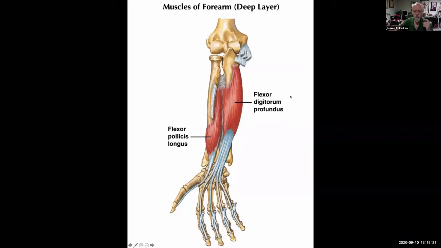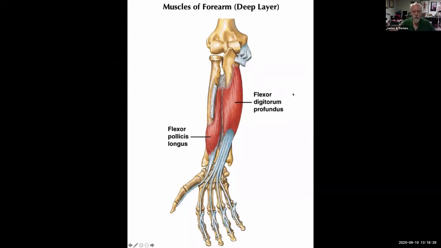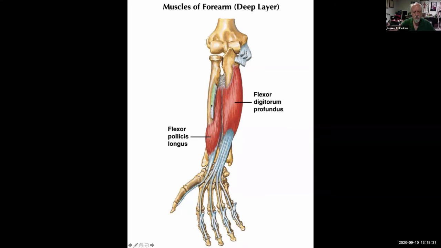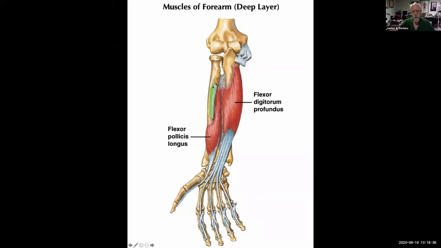All right, once you've detached the flexor digitorum superficialis from its origin on the radius, and you can actually see that here, this cut tendon right here represents the flexor digitorum superficialis reflected off of the radius.